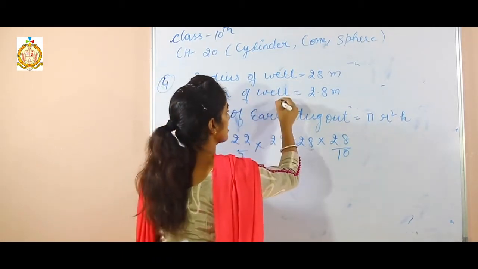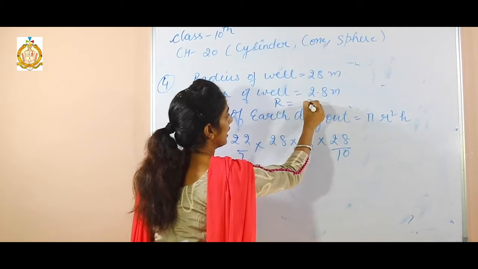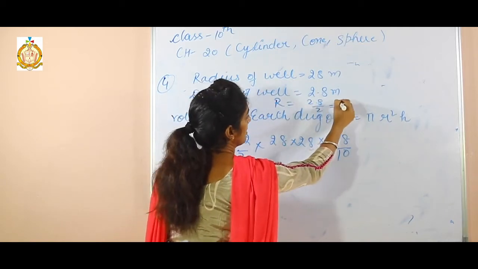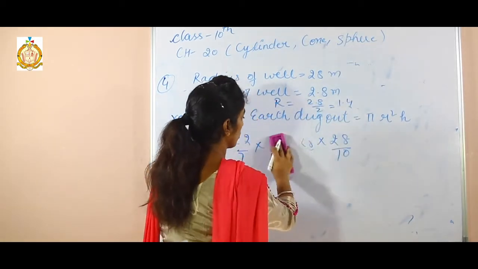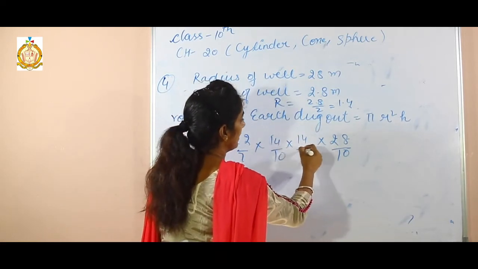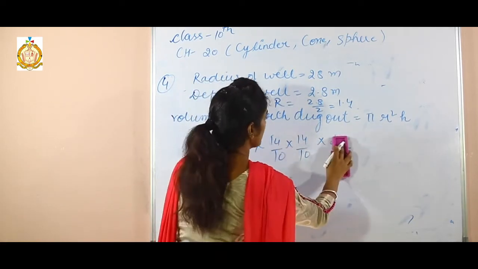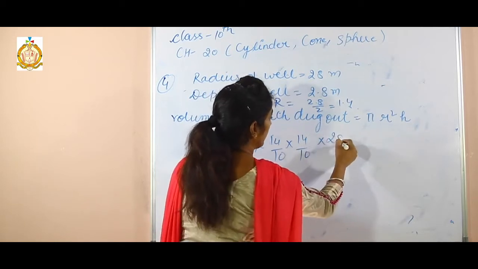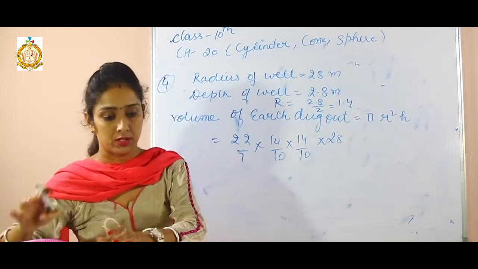This is a diameter. So firstly we have to find the radius, that is 1.4, and here 14 by 10 and 14 by 10, and height is 28, right?